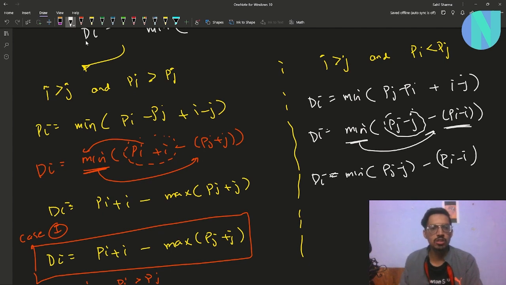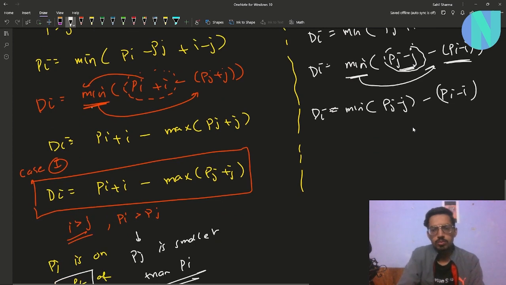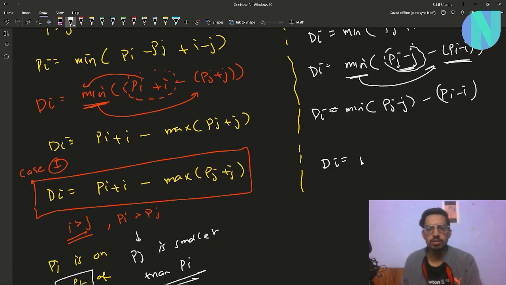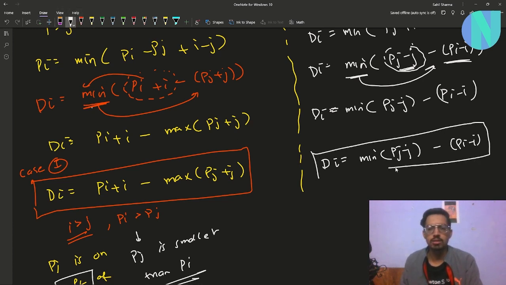Because in this case you are shifting the minimum over a negative sign, it changed to max. But in this case your minimum will stay with pj minus j, so it will remain minimum. It will not change to maximum. So let me beautify this. You get d of i is equal to minimum of pj minus j minus pi minus i, and I can say this is your case 2.